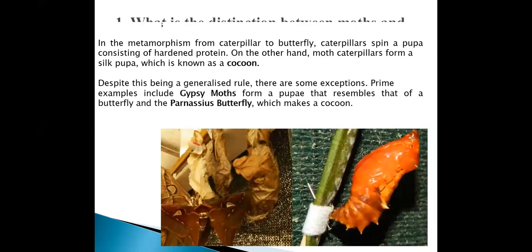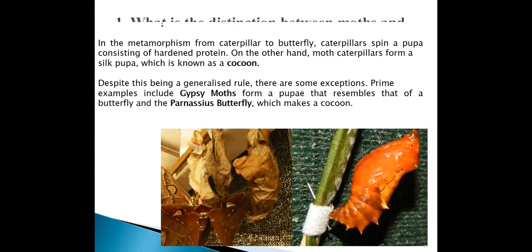And next is the cocoons. During the metamorphosis from caterpillar to butterfly, after the caterpillar has grown to a certain size where it is not able to eat anymore, it goes to a resting stage.